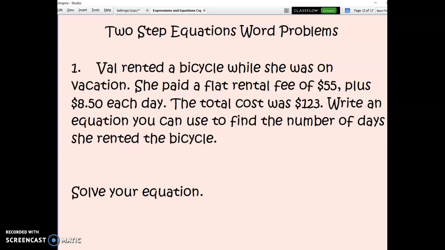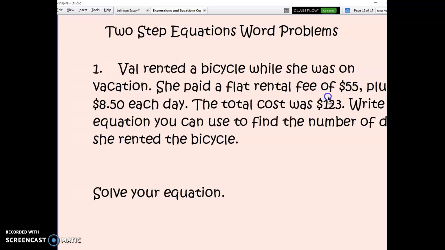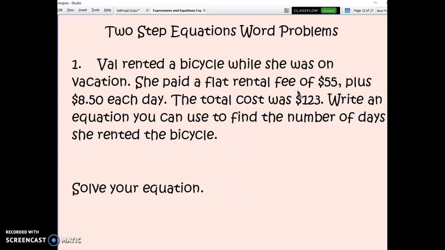Alright, so we are told the flat rental fee is $55. You're only going to pay that $55 one time. So I could just start by putting 55 plus.